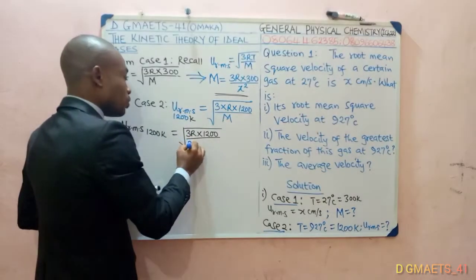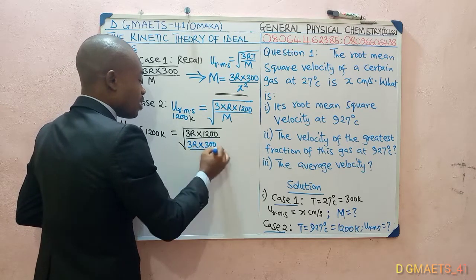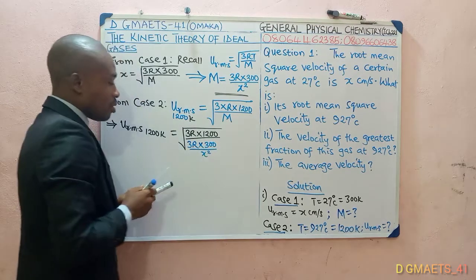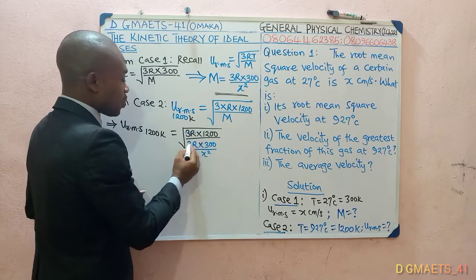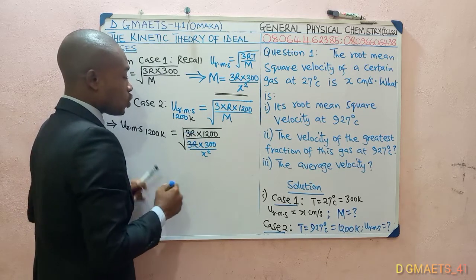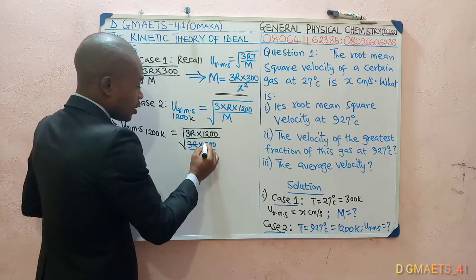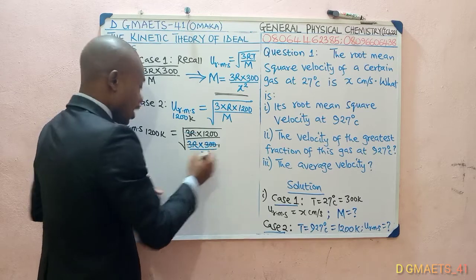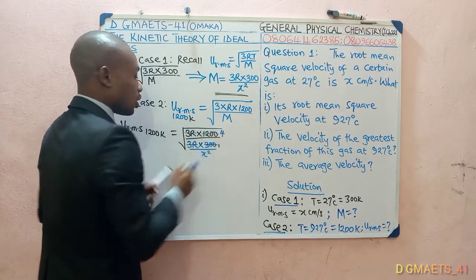And the molecular weight we obtained to be 3R times 300 divided by what? x squared. Mathematically, this 3R will cancel this 3R. To divide, it gives us 1, it goes off. Now, this 300 dividing itself will give us 1. 300 can divide 1200 to give us 4.